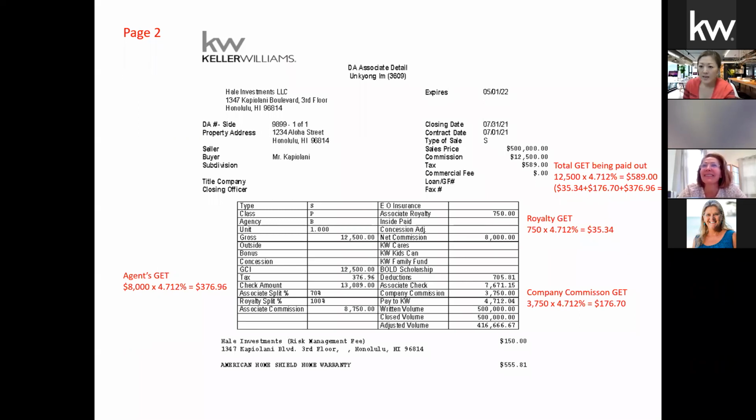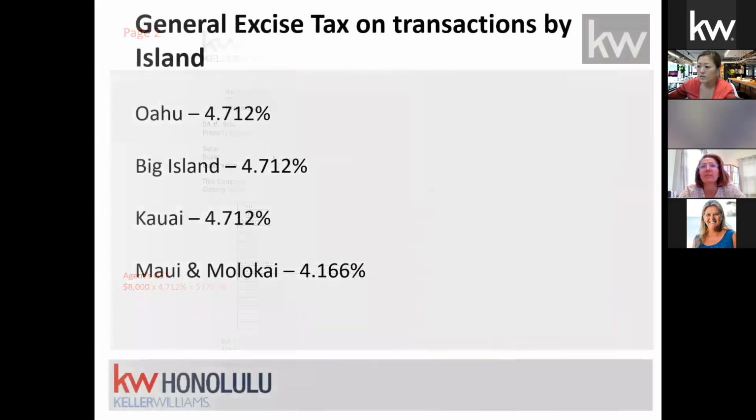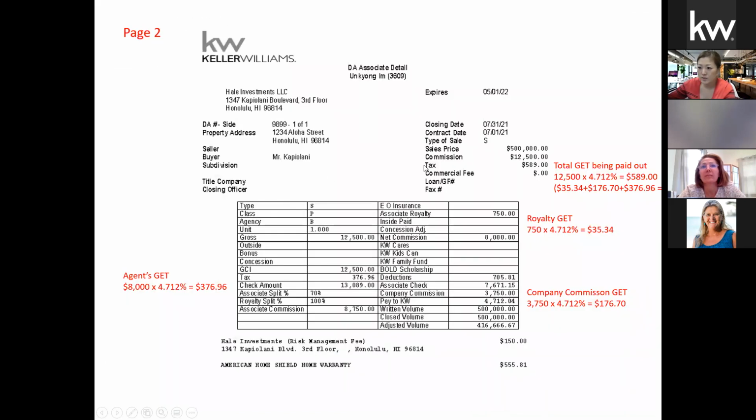Yeah. But I think the rule of thumb, to make it easier, is when you have a transaction that has GET, you look at the second page, right? And you're looking at the commission. On the top right-hand corner, you see how it says commission 12,500, right below the 500,000 sales price.